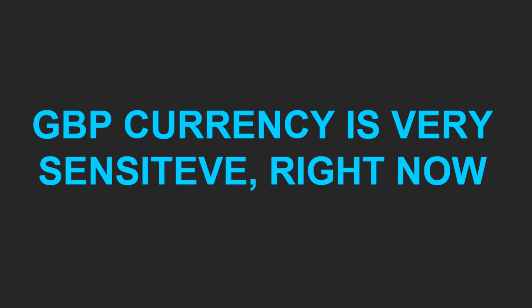Basically, the core reason why I want to short the pound is because the pound is in an incredibly sensitive zone right now, and it's due to the political issues that they're experiencing. To anyone who's keeping up with Brexit and what's happening with the progress there, it is not going very well.